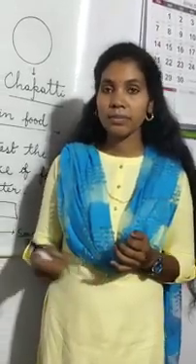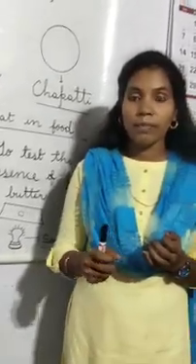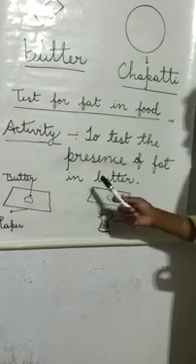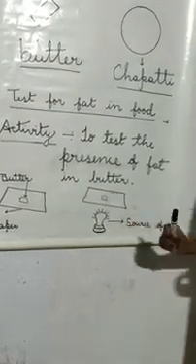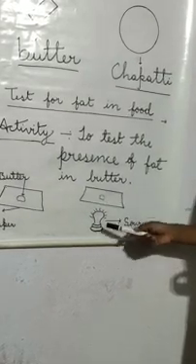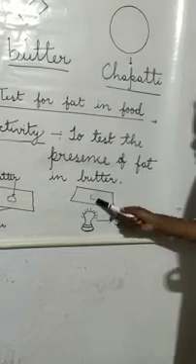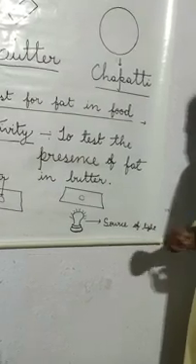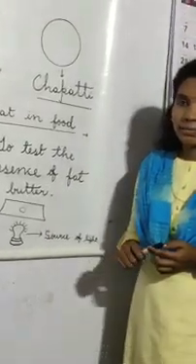Method: first, we take a small piece of butter and rub it in the center of a brown paper. Then we take this paper in front of a source of light. When we do this, we notice a greasy patch or a translucent patch in the center of the brown paper. This shows the presence of fat in butter.